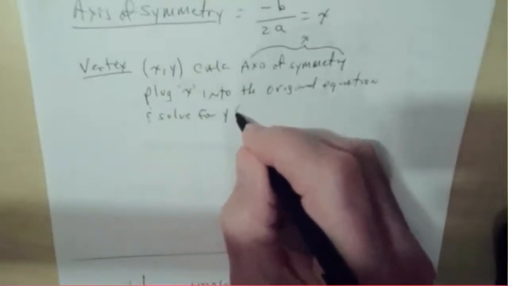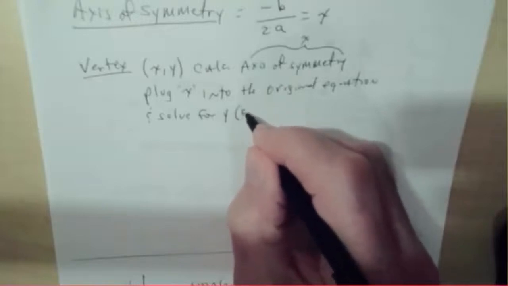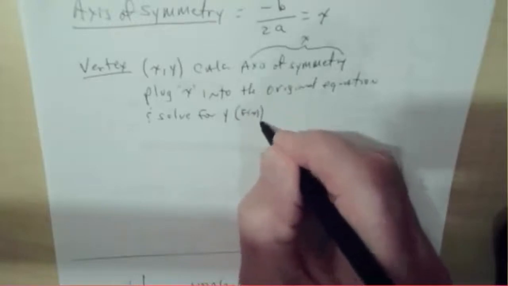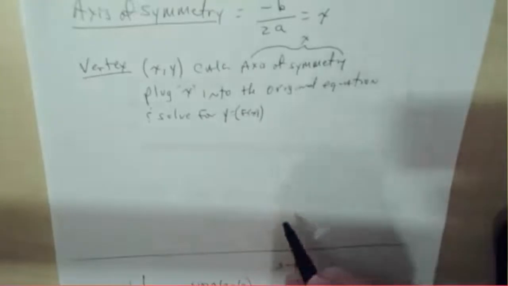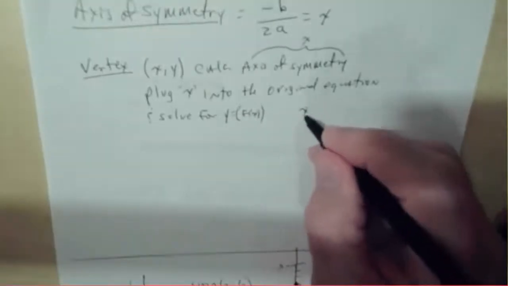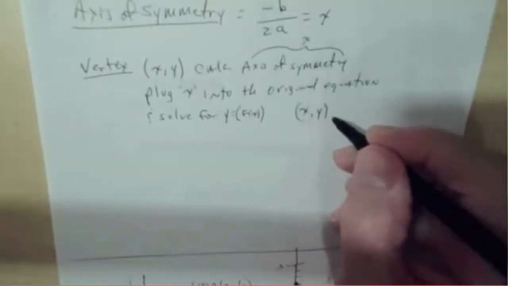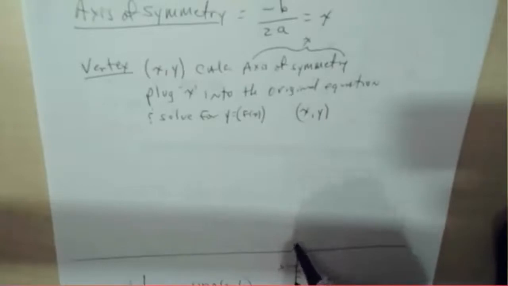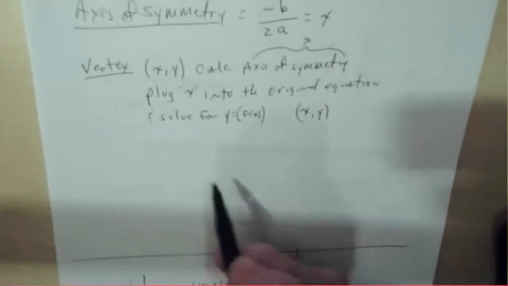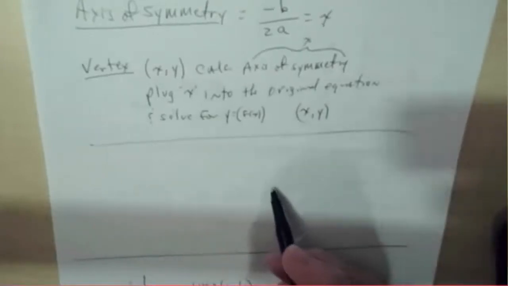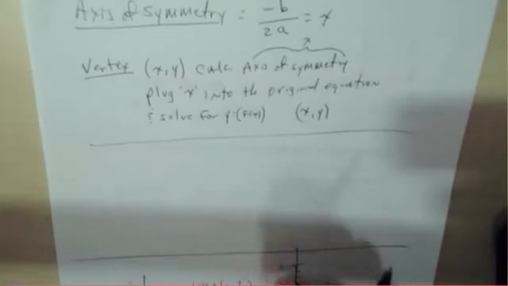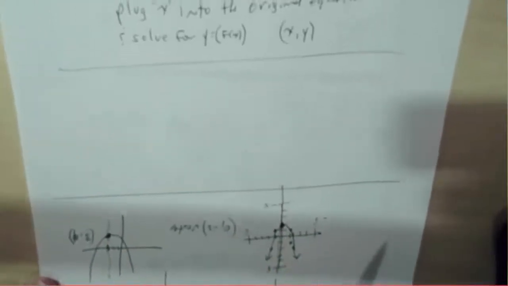Now remember, y is the same thing as f of x. And that will give you the x, y, or the vertex, the bottom or the top of the parabola.